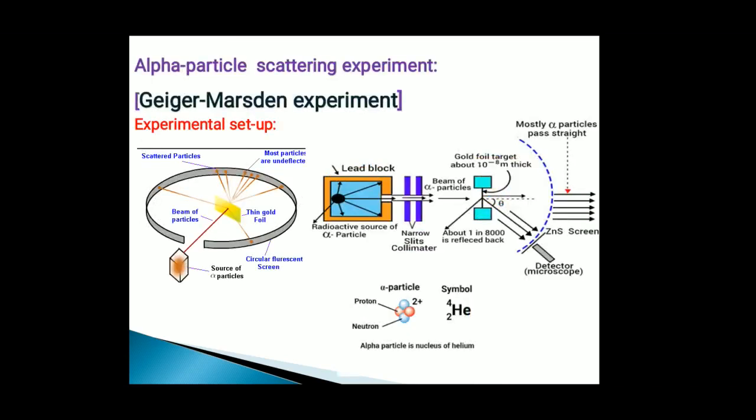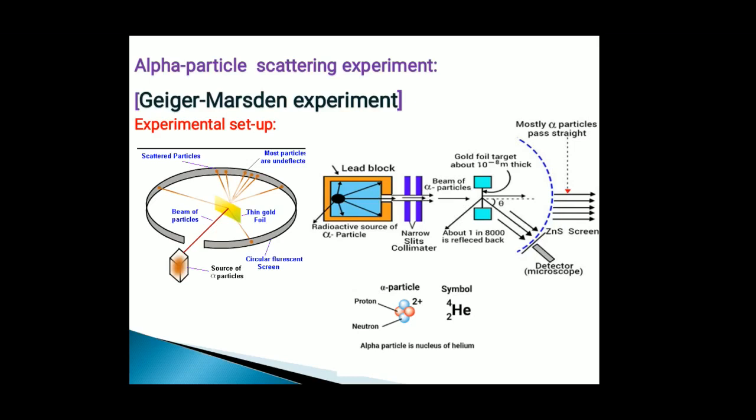Now let us discuss the alpha particle scattering experiment by thin gold foils as conducted by Rutherford along with Geiger and Marsden. So that's why it is also called the Rutherford alpha particle scattering experiment by a thin gold foil.